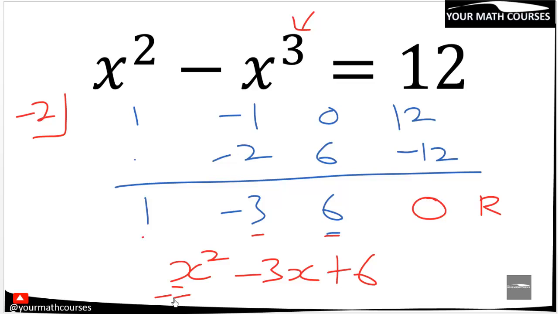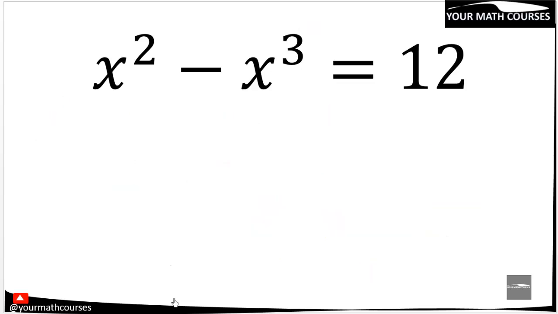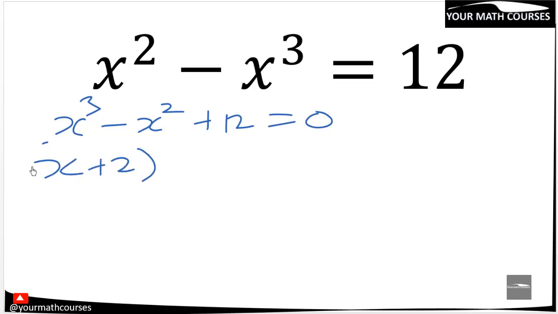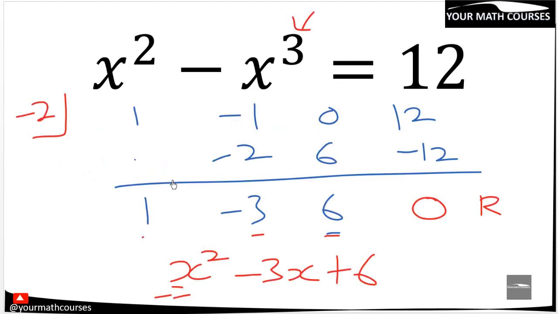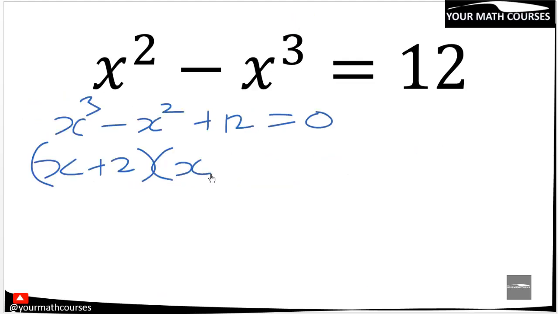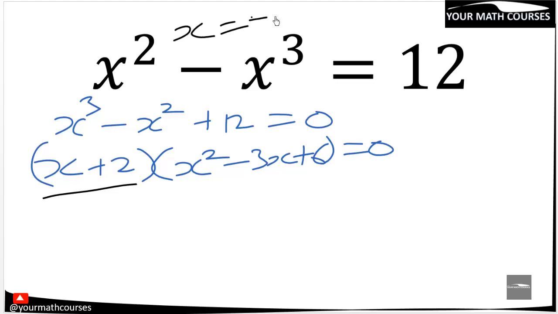So it means when we factor this polynomial, which is x cubed minus x squared plus 12 equals 0, we are supposed to get x plus 2 into brackets, the quotient that we had, which is x squared minus 3x plus 6, equal to 0. So now we found that this one is giving us x equal negative 2.